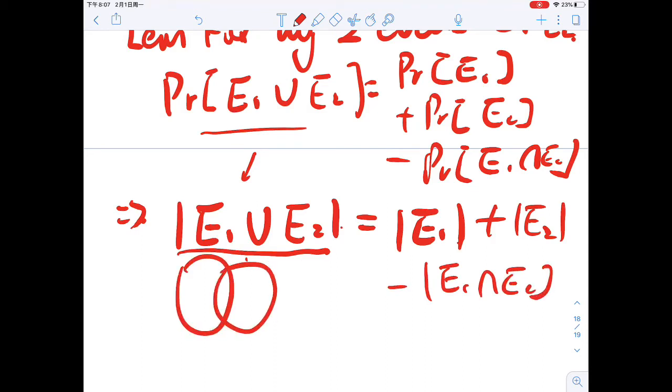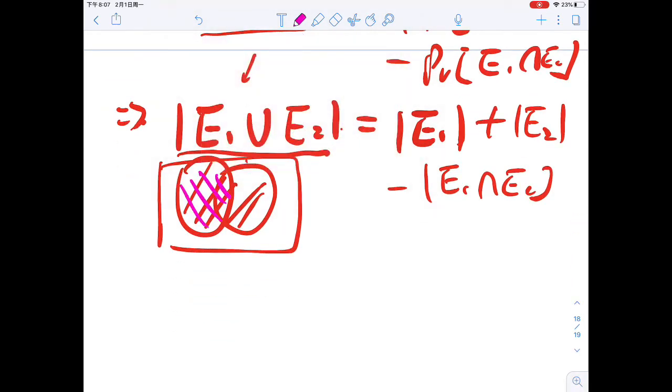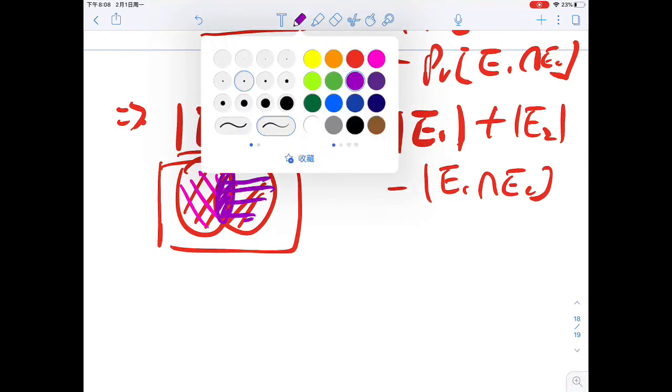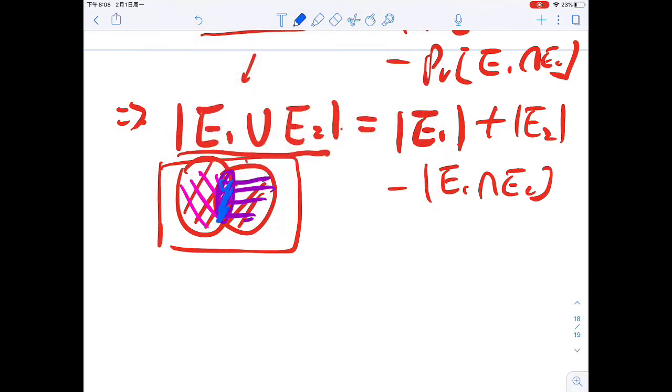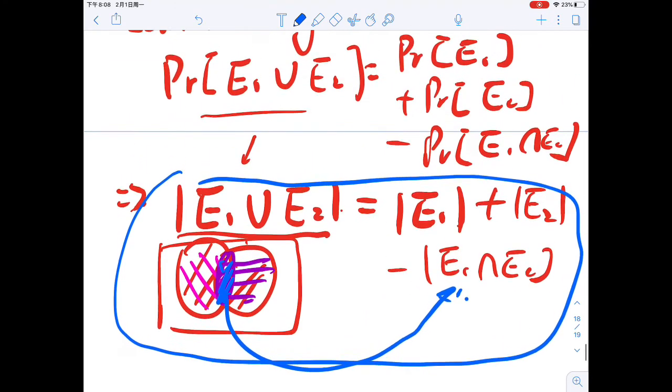Basically, if I want to count the whole area, I first count the left hand side and then the right hand side, and then we are overcounting this component twice, so we minus this component here. This is something you are already familiar with.